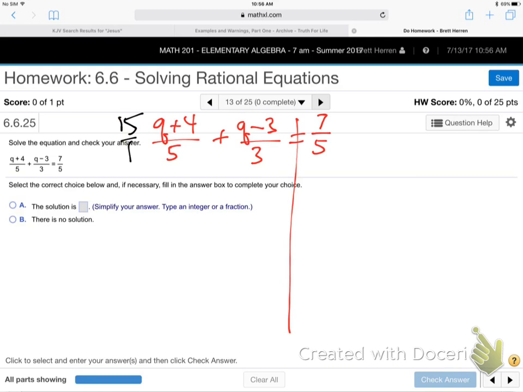So 15 over 1. And right here, 15 over 1. And right here, 15 over 1. Good?